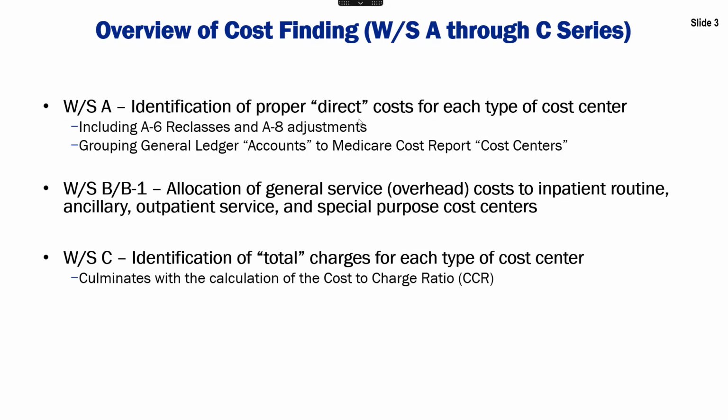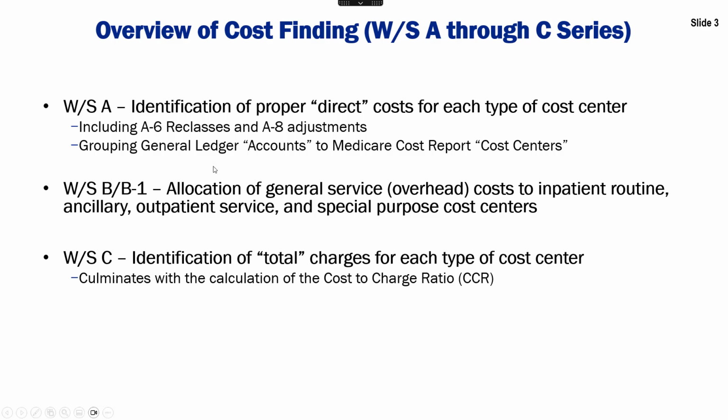But the problem is, on the Medicare Cost Report, the goal at the end is to identify how much of the cost relates to various revenue-producing cost centers. So anything that's up in the general service overhead cost centers needs to be stepped down to the routine, ancillary, outpatient service, and special purpose cost centers that are revenue-producing. And we'll see why that revenue-producing portion matters.